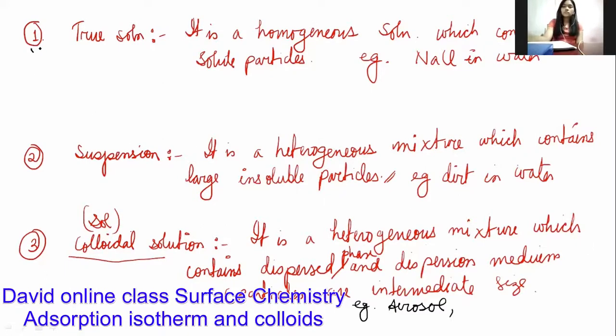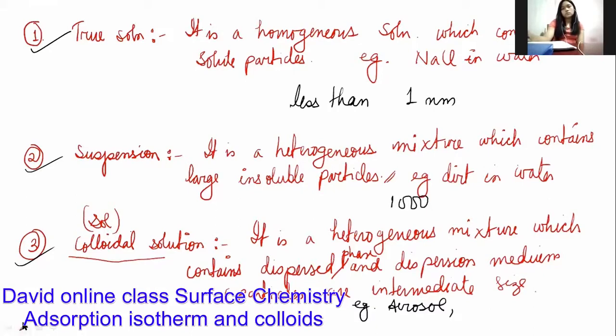So keep this point in your mind: true solution, suspension, colloidal solution. True solution is a homogeneous solution whose particles have a small size, less than 1 nanometer.